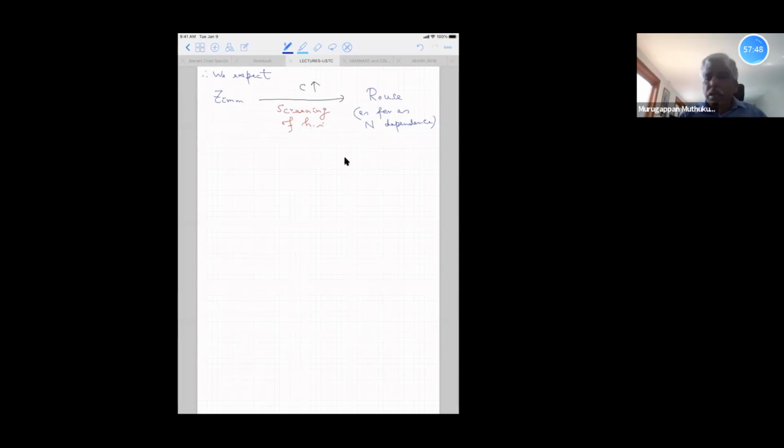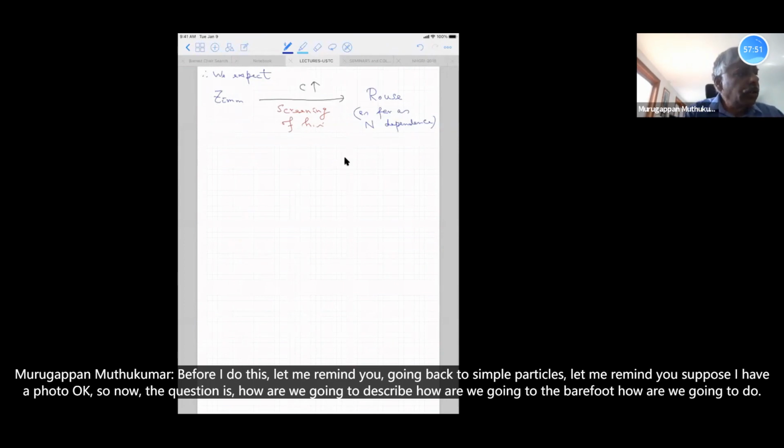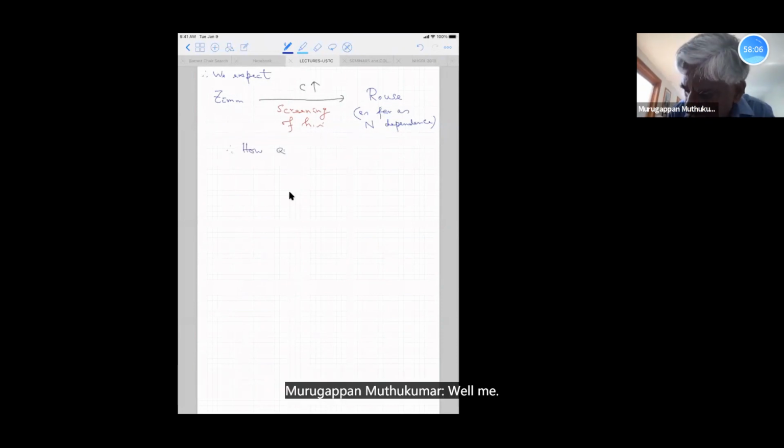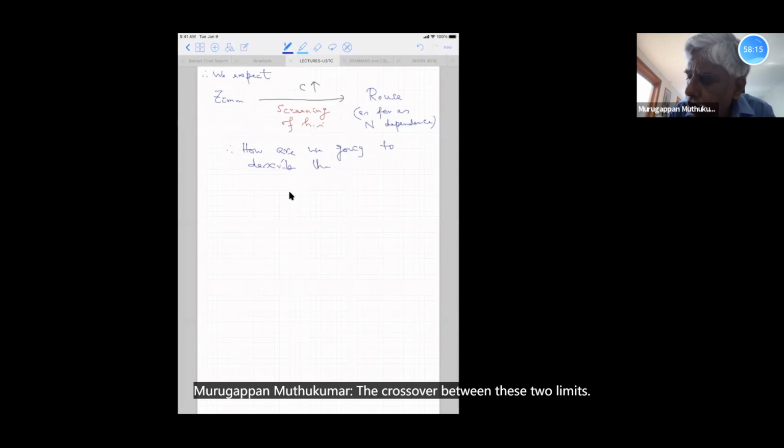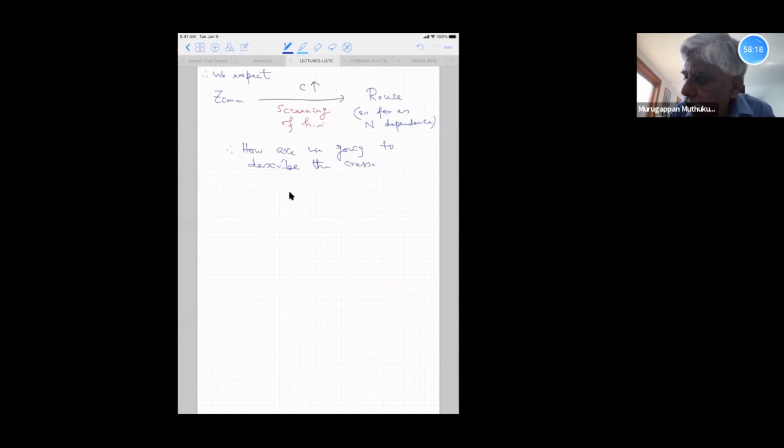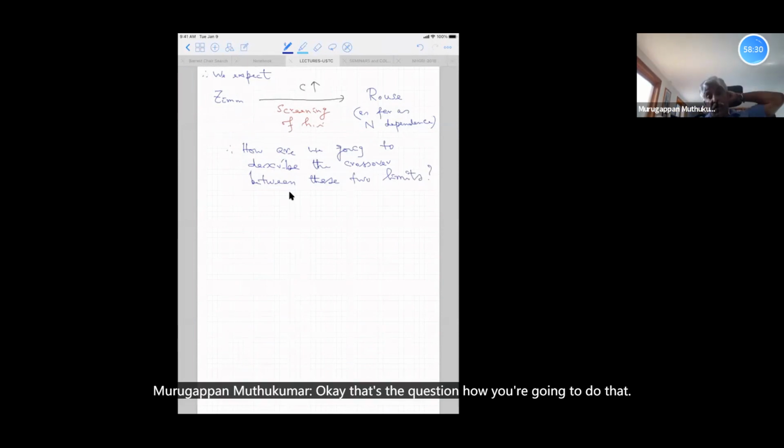Now the question is, how are we going to describe the crossover between these two limits? How are we going to do that?